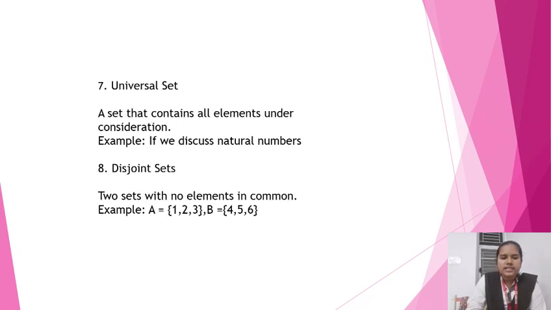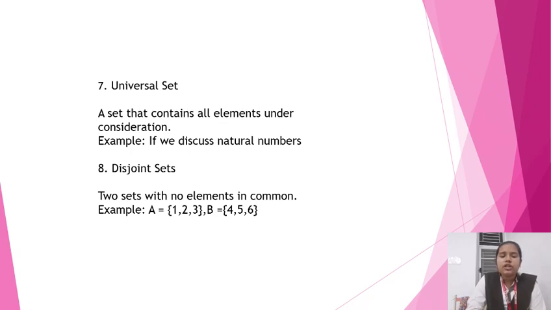Seventh one, universal set. A set that contains all elements under consideration is a universal set. For example, if we discuss natural numbers, the natural numbers are the universal set. And it is about universal set. Eighth one, disjoint sets. Two sets with no elements in common are called disjoint sets.